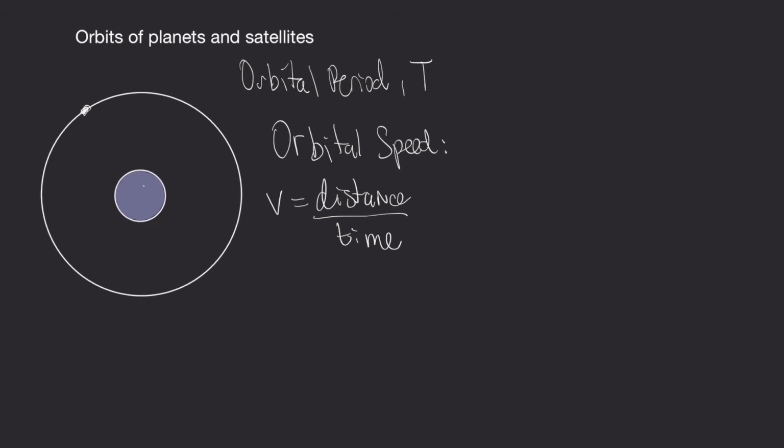So shall we say that the radius of the orbit is r, meaning that the distance will be given by the circumference of the circle, which is just going to be 2 pi r, divided by the time period, which is just capital T. So the orbital speed is simply 2 pi r divided by T.